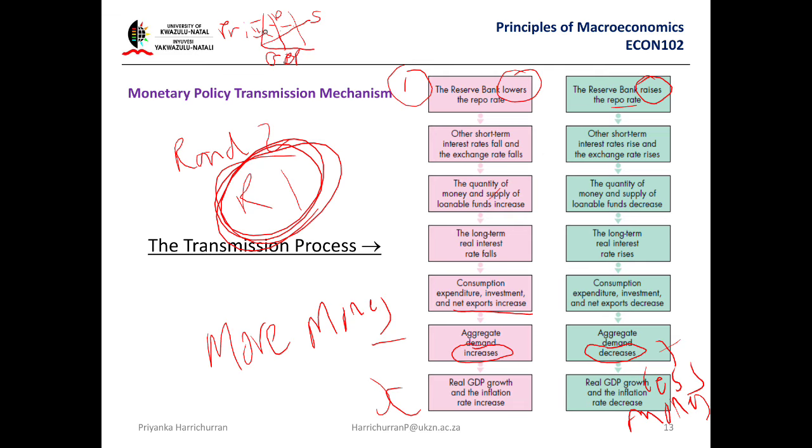Price was here before, so price went up, GDP went up also. So the inflation rate increases. When the price level goes up, that's inflation, right? You're paying more for something. Similarly for demand, when it decreases.